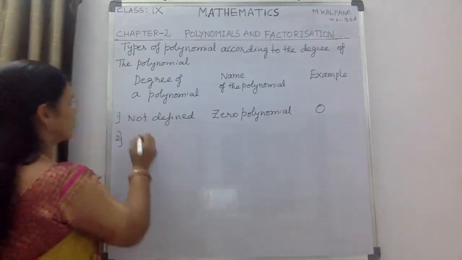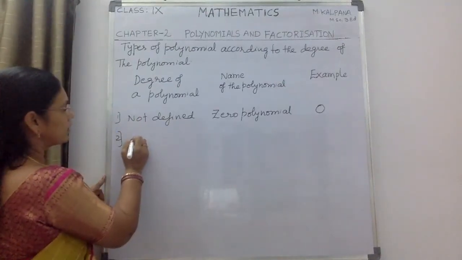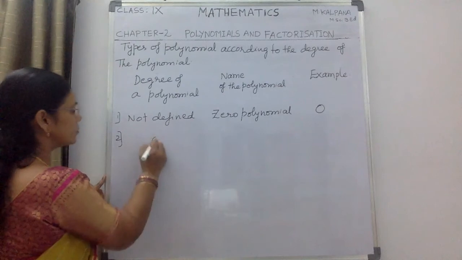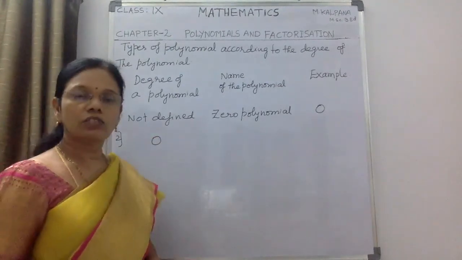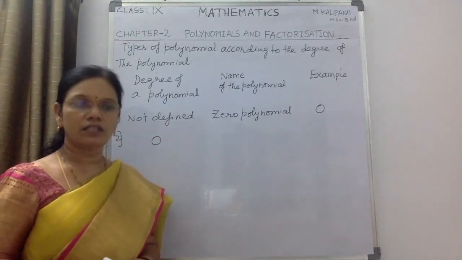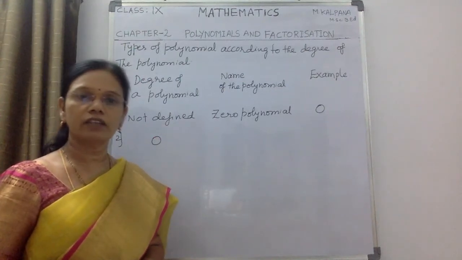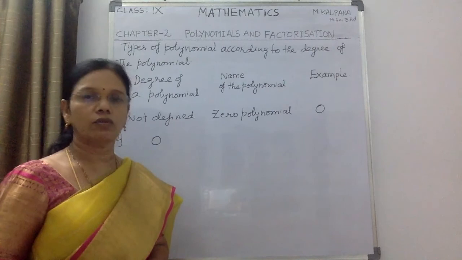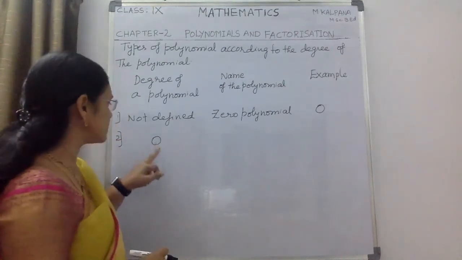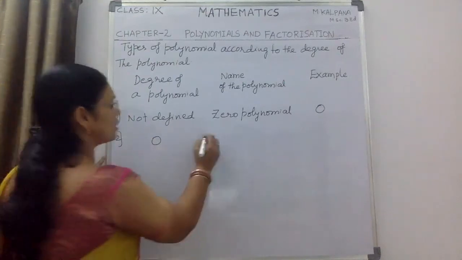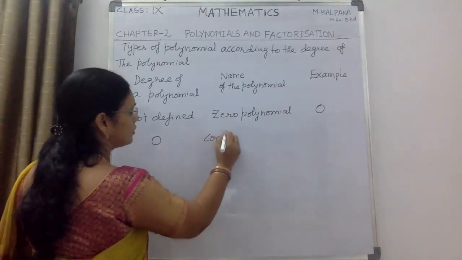Now after this, let us take degree 0. Just now we have discussed that for any constant, the degree of the constant term will be 0. So the name of the polynomial which has degree 0 is known as constant polynomial.